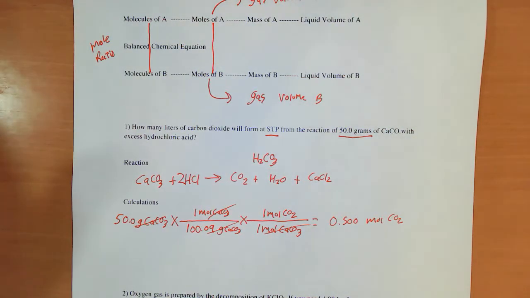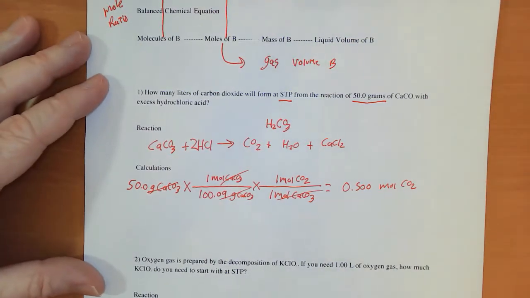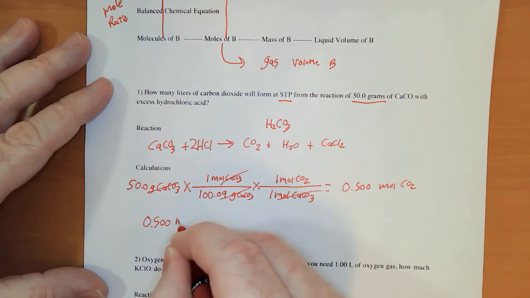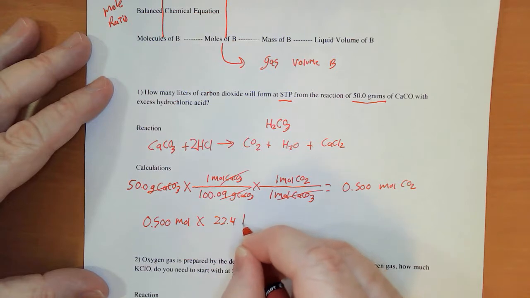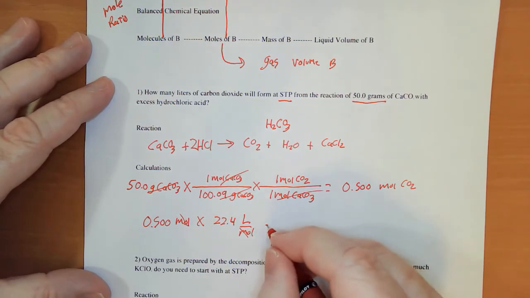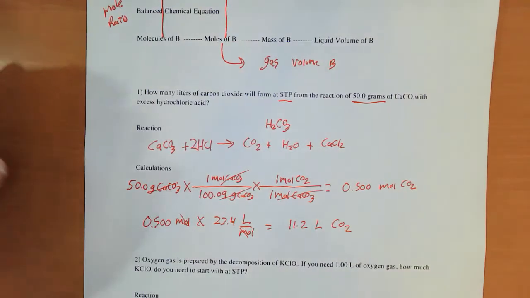I can do PV equals nRT. But it's at STP, so my other possibility is just to say 0.500 moles times 22.4 liters per mole. The moles cancel, and I get 11.2 liters of CO2.